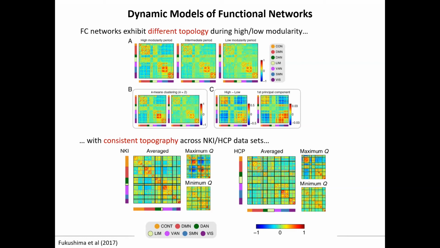I can't stress that enough because of the variability of human brains and the individuality of human brains really. It is essential to establish consistent patterns across large subject cohorts. Furthermore, different scanners, different processing strategies can result in different outcomes. And so it's important to establish that findings are robust with respect to variation in acquisition and pre-processing.